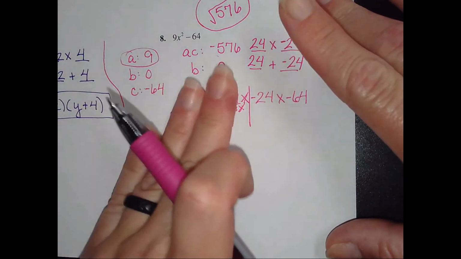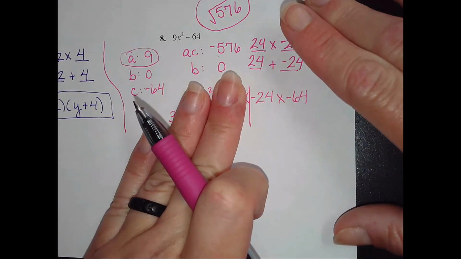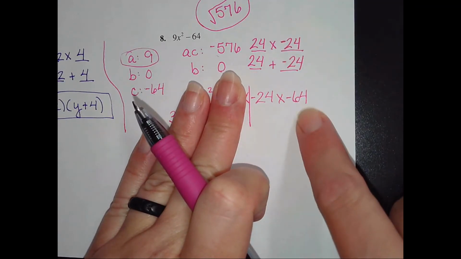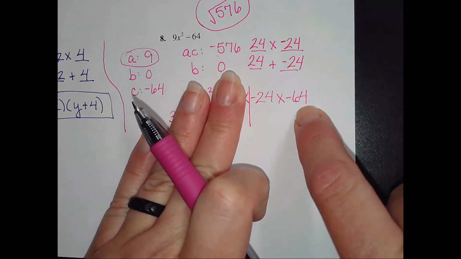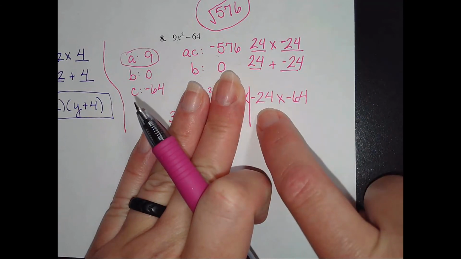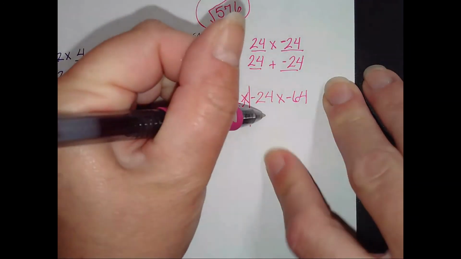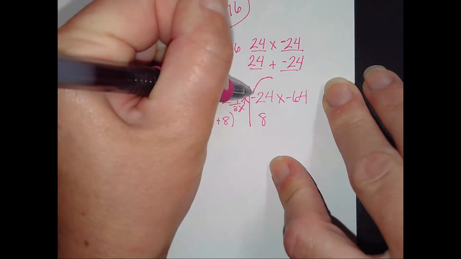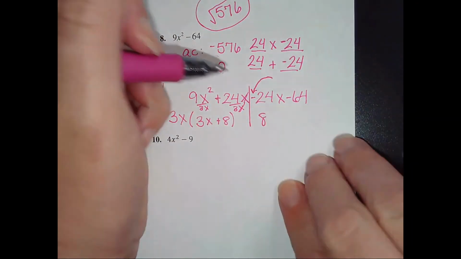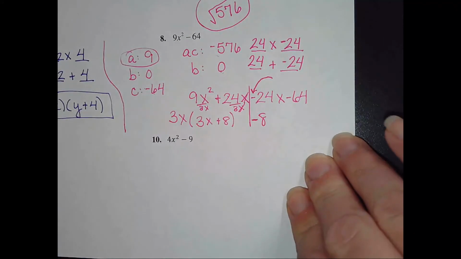And then I head over to the other side here. I have a negative 24 and a negative 64. What's the GCF of a negative 24 and a negative 64? 3, go bigger. 2, 8. It's 8, but you go out front here and there's a minus sign, so that's why this has to be negative 8.